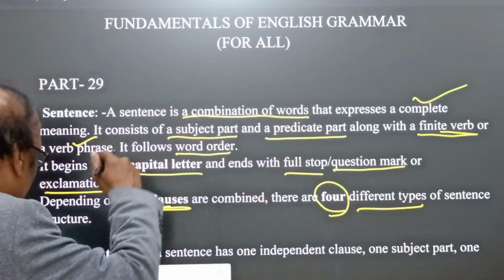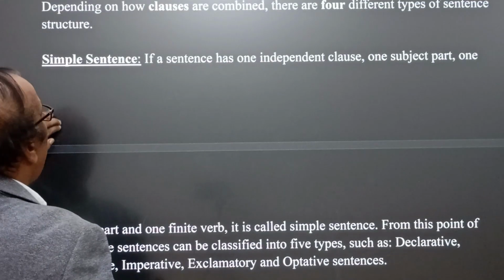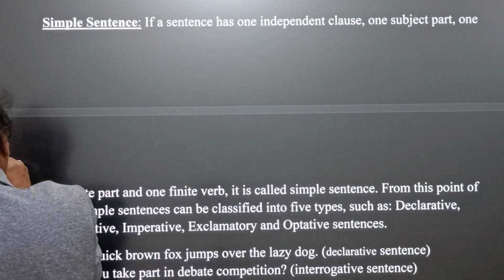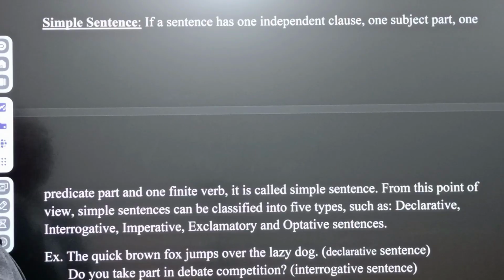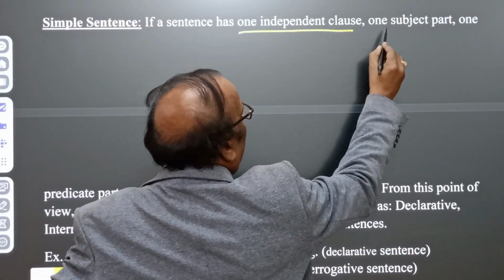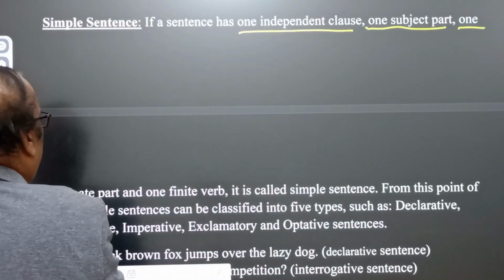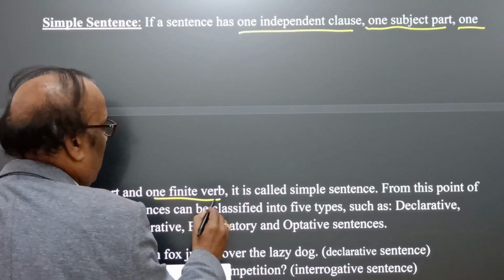Now come to another idea, the simple sentence. Whenever we think about a simple sentence, we come to know that a simple sentence has one independent clause, one subject part, one predicate part, and one finite part.